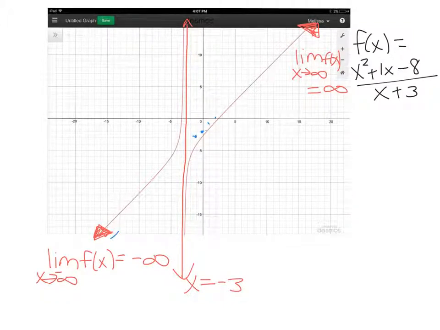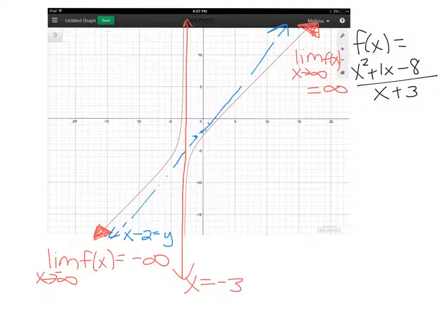And you can see that we're going to have this oblique asymptote at y equals x minus 2. That's the equation in slope-intercept form, where our y-intercept is at negative 2 and our slope is 1.